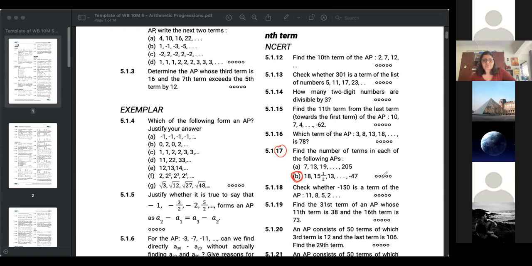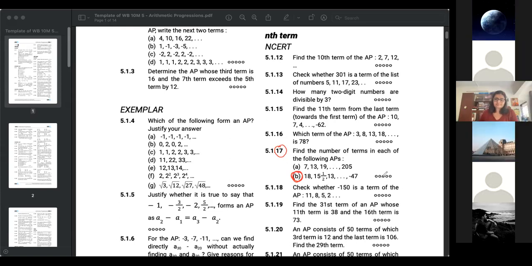Yes, ma'am. So how will you do this question, number 17? I think we have to subtract the b minus a. B minus a से subtract करेंगे तो what will you get? And what do you mean by B minus A?